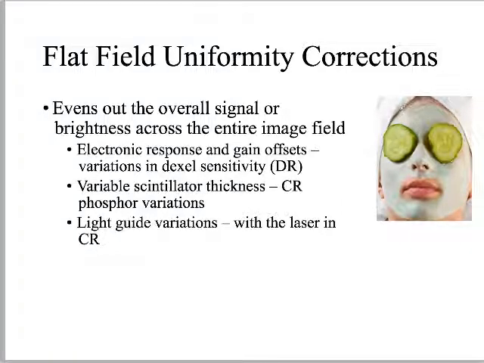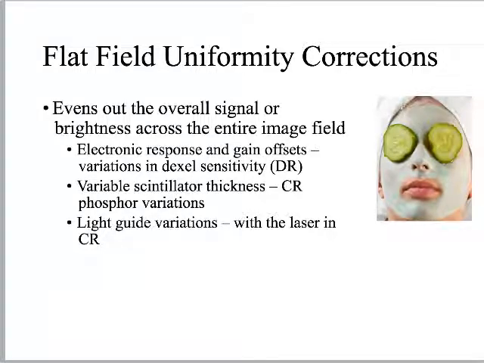And those crystals respond to light. They emit their signal when we scan them with the laser. If they vary in thickness, if as we were creating that CR image receptor, we poured on a little bit more crystals in this area and a little bit less here, those different areas are going to be different levels of receptivity. It's almost like the thick area is the good part and the thin area is the part where there's the pimple.